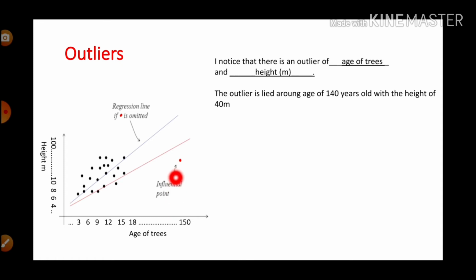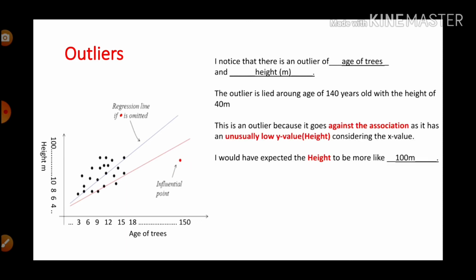So it's around 140 years old, but the height is 40. Okay, the normal one, we expect it to go up to somewhere around 100, right? When the x is 140, it's not really following the association, it's not following the trend. Okay, that's what I explained in here.